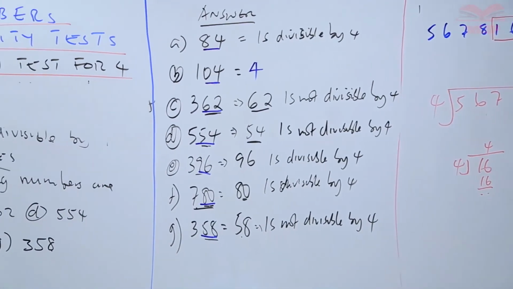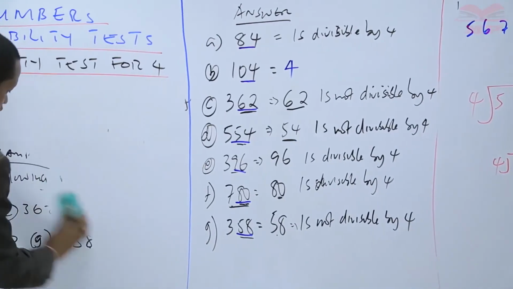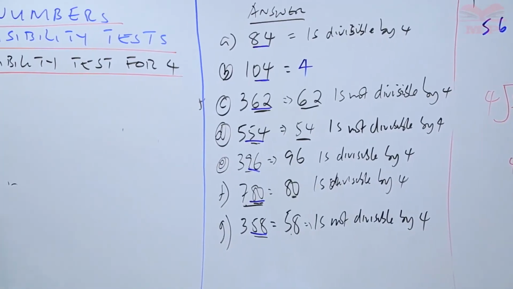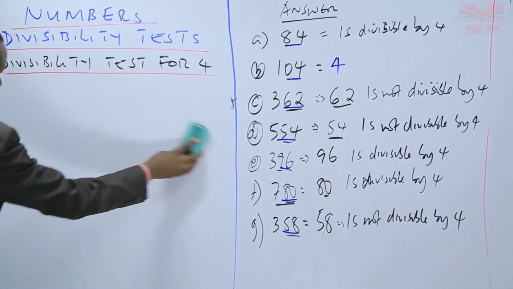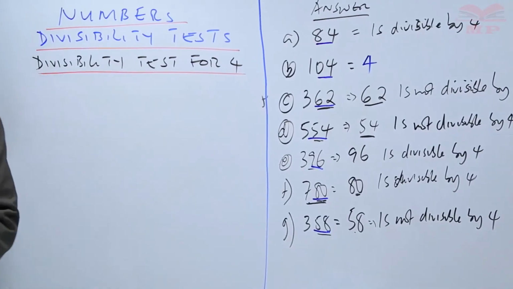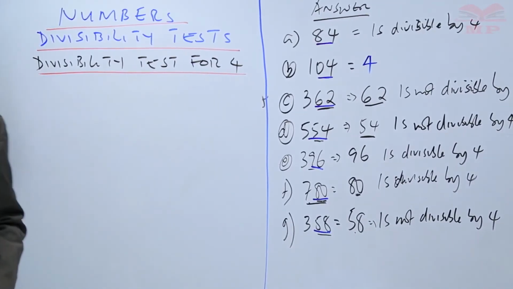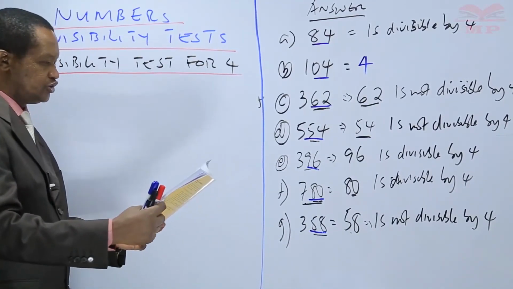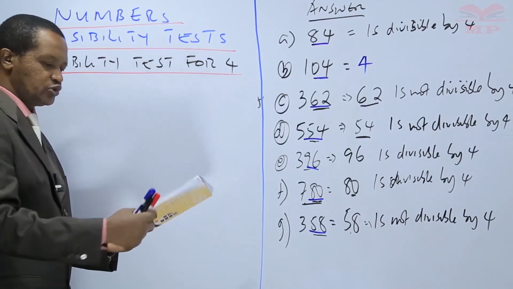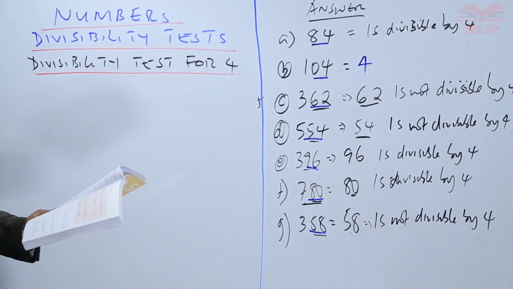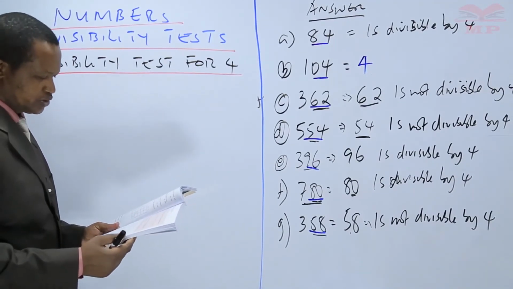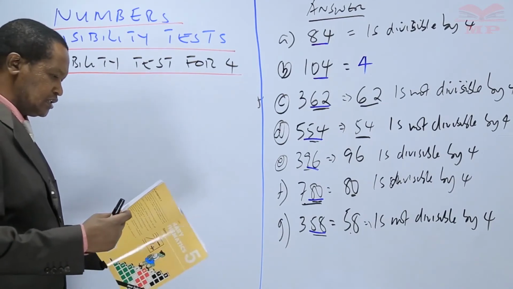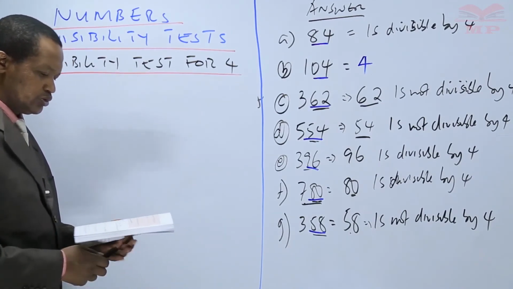Today's exercise is taken from the pupil's book. This is your book. Go to this book, then on page 23, we are on page 23. I want you to go and do question 2.